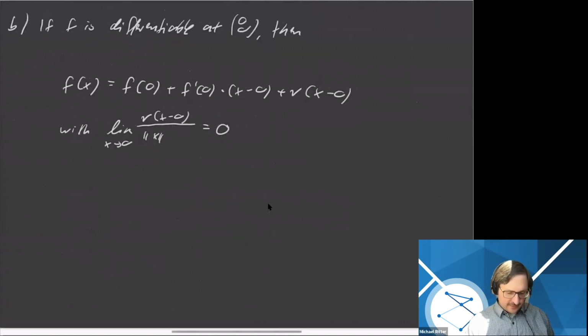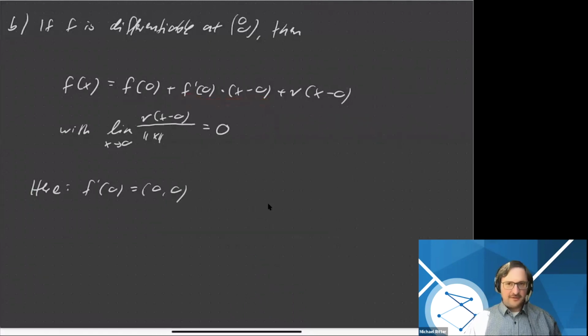Okay, and in this case, if we have f prime at 0 equals (0, 0), then that means the second term here will basically vanish completely. This term here, f of 0, that's 0 anyway, by definition of the function. So what we have is the remainder is equal to f of x. And then we can just have a look at this limit and see if things work out.